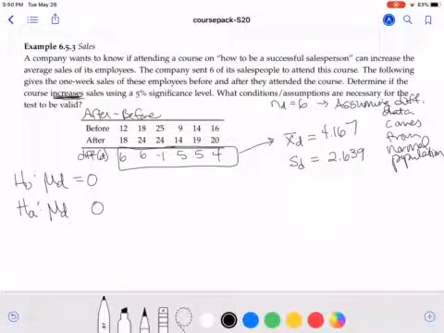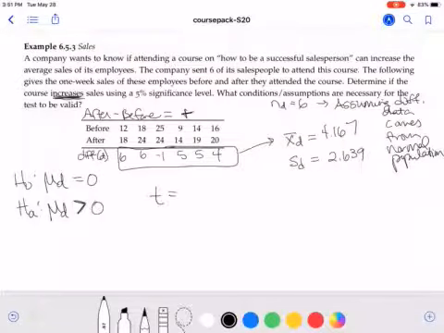If we have an increase in sales, then after should be bigger than before, so this should be a positive quantity. So we want to test if mu sub D is greater than 0. Had you chosen to subtract the other way and do before minus after, then you would do less than 0. You just want to make sure you're consistent and your alternative matches how you subtracted.